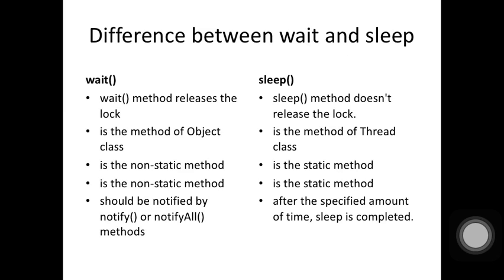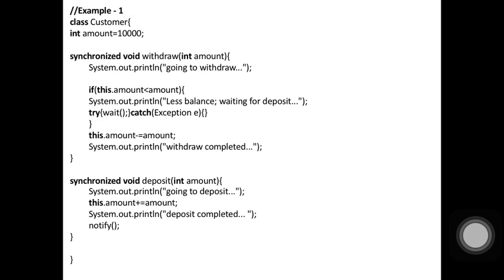Wait is non-static and sleep is a static method, and wait should be notified by the notify or notifyAll methods, but sleep is completed after the specified amount of time. So for example, if you mention sleep of 1000 milliseconds, after 1000 milliseconds it simply comes back to the execution state. That is the simple difference between wait and sleep.